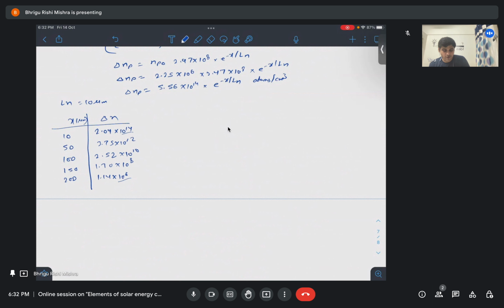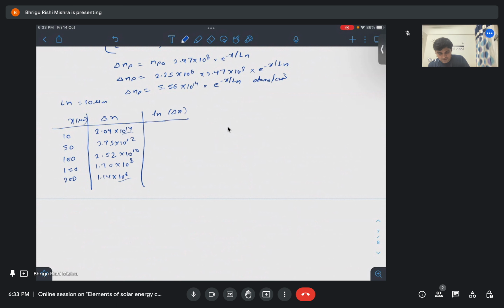Now these values are very large, so in order to plot a decent graph, the difference between the points will be too large. So what we can do is take the natural log, ln of delta n.